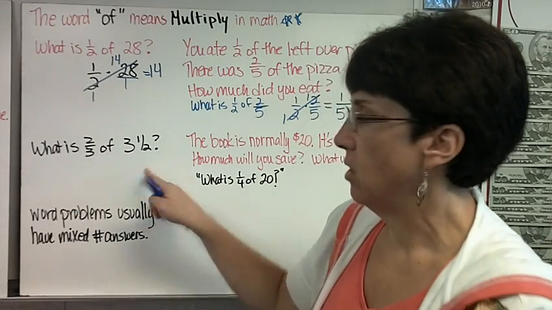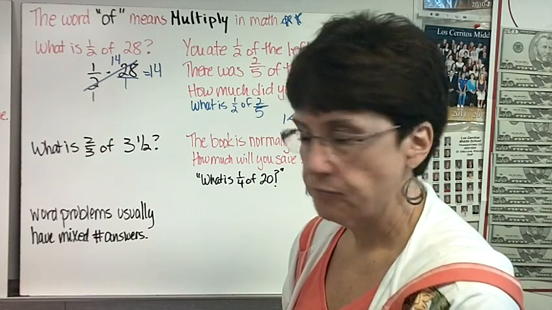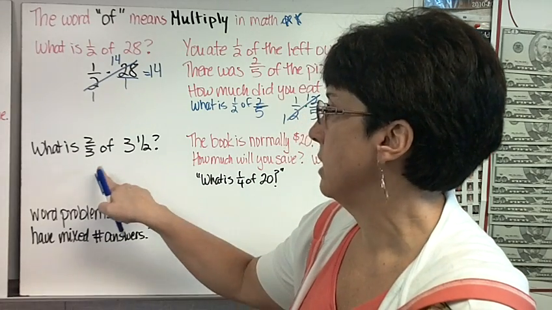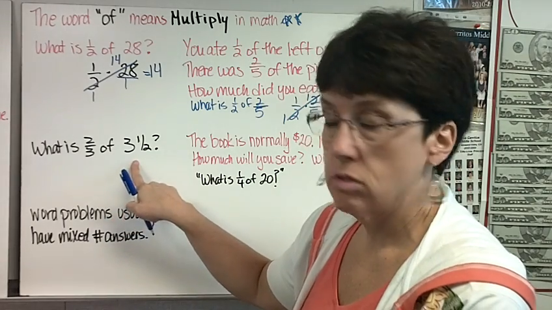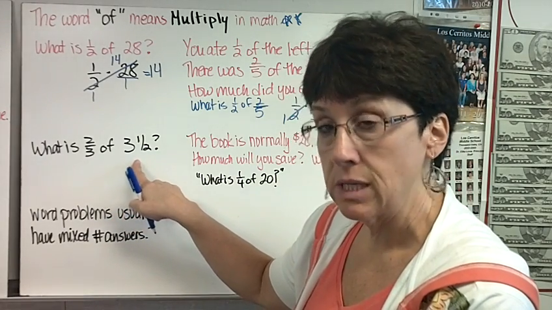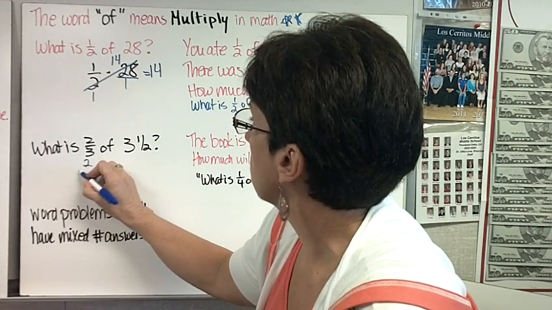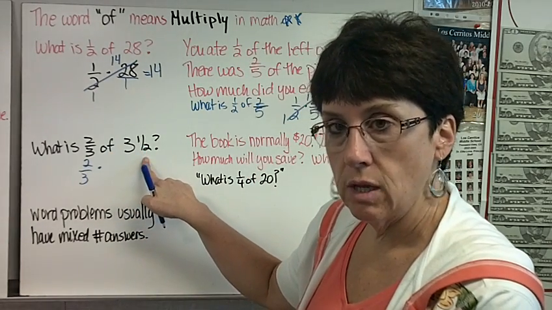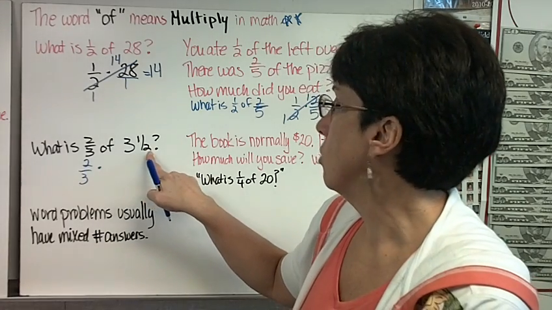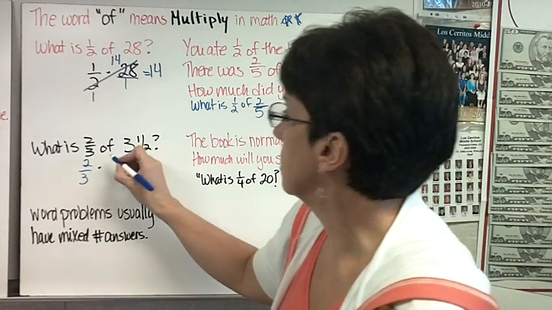All right, here you're just given a problem. What is 2/3 of 3 1/2? I could write down the problem straight like it is, but I noticed that there's a mixed number that I need to make into an improper fraction. So I'm going to do that. 2/3 times, let's make it into the improper fraction now. 3 times 2 is 6, plus 1 is 7.